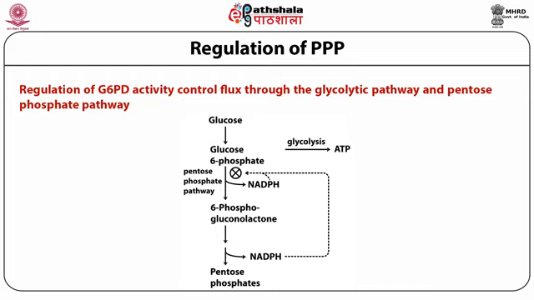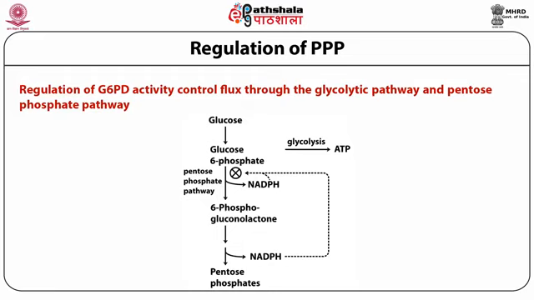It is also allosterically regulated by fatty acyl esters of coenzyme A. The transcription of the gene for this enzyme is under hormonal regulation. The synthesis of glucose 6-phosphate dehydrogenase is induced by an increased insulin to glucagon ratio after a high carbohydrate meal.